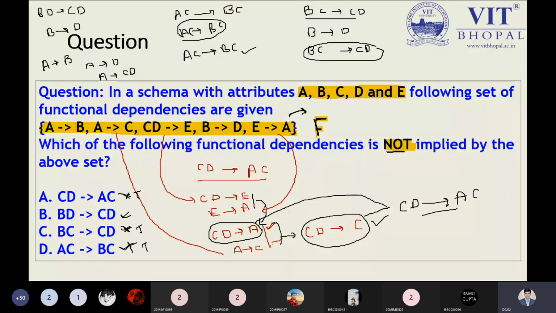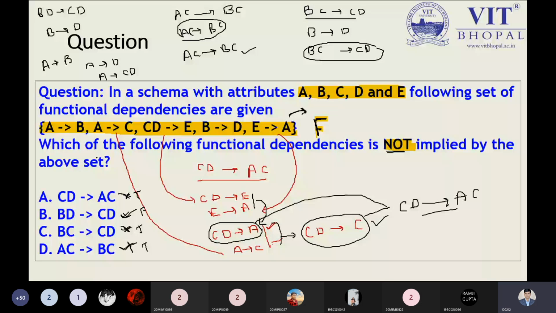So CD is coming, but BD determinant to CD is not derivable. So this would be our right answer. It means it is false. It cannot be generated. You can try, I've already tried so many times. So this would be our right answer, showing that this functional dependency is not implied by the given set of functional dependencies. Okay, so now clear?